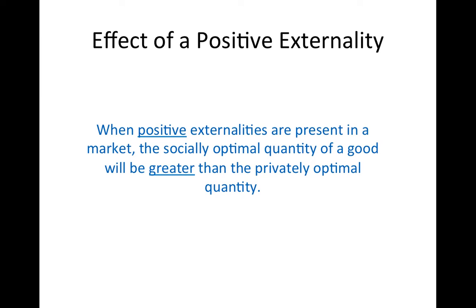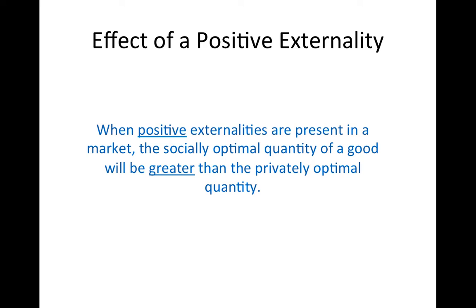Here again, regardless of the perspective that we take, when there is a positive externality in a market, the socially optimal quantity of the good is greater than the privately optimal quantity. When considering policies to remedy positive externalities, think about ones that will incentivize the market participants to produce and consume more of a good.